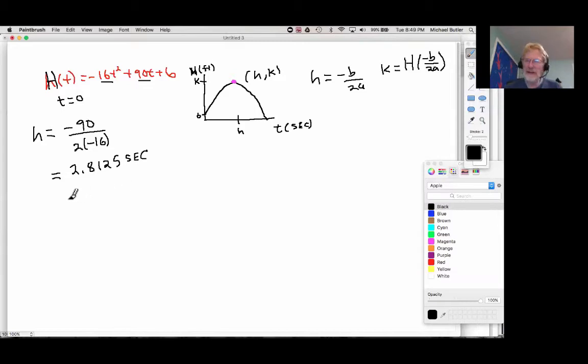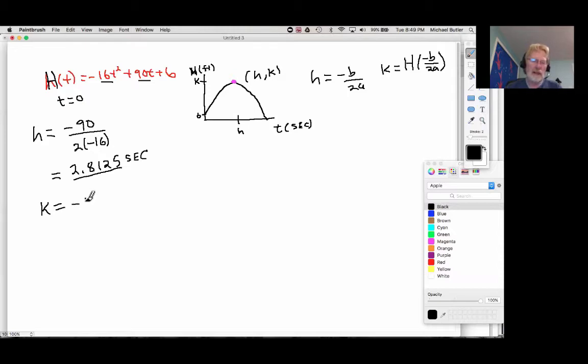All right, so let's see if we can figure out what K is. I'm leaving this with as many decimal places as we got because we have to evaluate our H function at that value, so I want to use as many decimal places as I can when I plug it in.